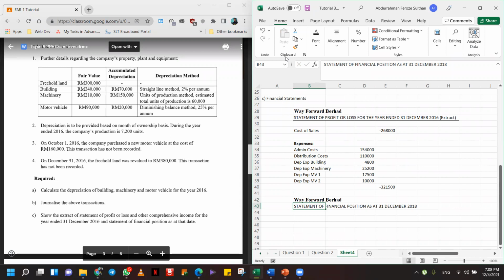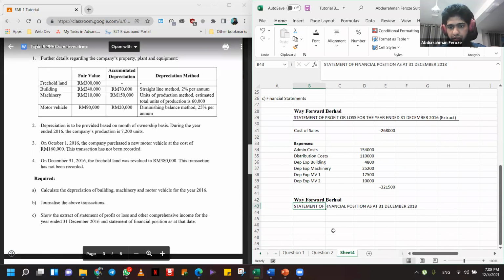Yeah, we actually need to record that. They have not asked for the statement of changes in equity, but let's do that to make it easier.